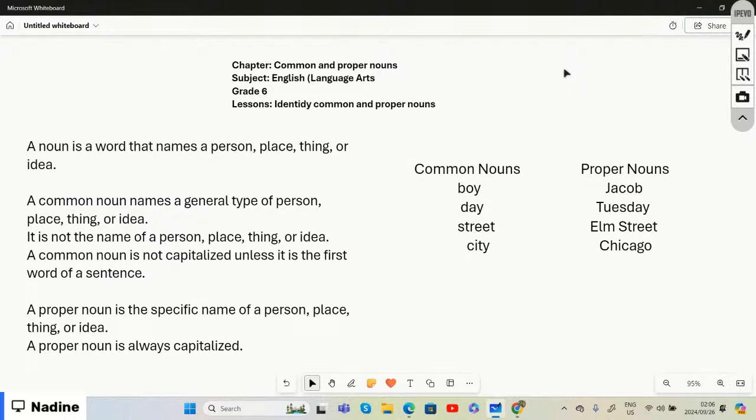The lesson that we are going to be focusing on under this chapter is to identify common and proper nouns.